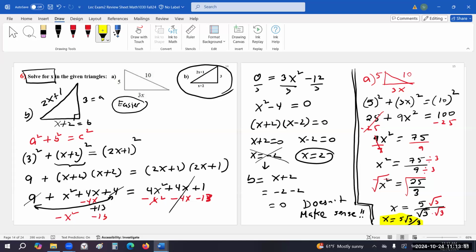And this time we don't write plus or minus, because minus doesn't make sense here. If x is negative, this length will be negative. We cannot have a negative length. So it's simply positive 5 square root of 3 over 3.